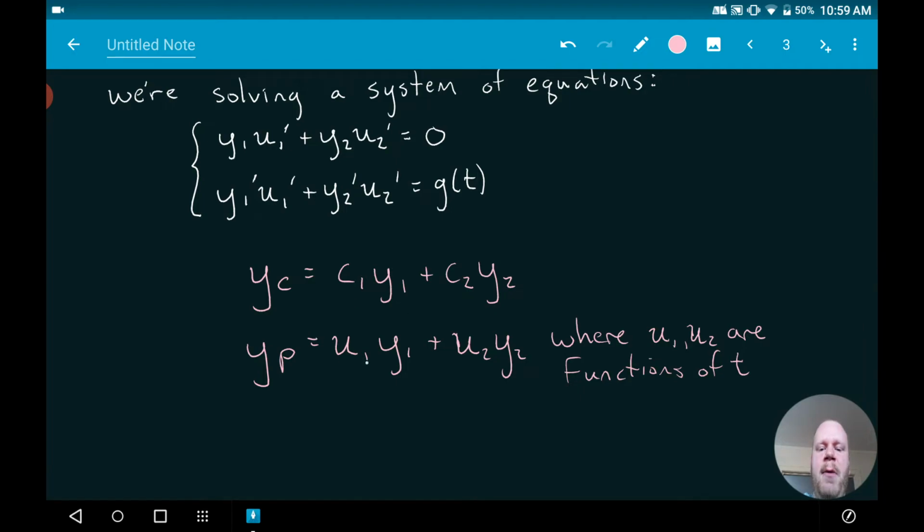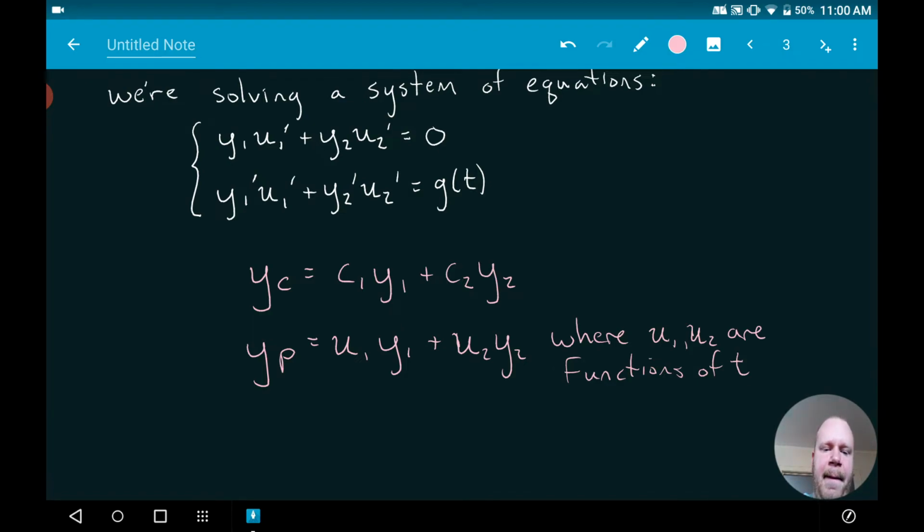And that way, we're going to be able to figure out some way to have particular solutions that just are not going to be constants, right? And they'll be independent from the complementary solution, and they'll also solve the differential equation.